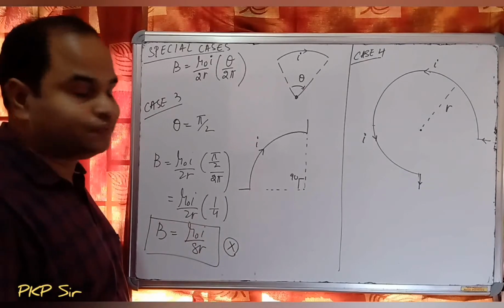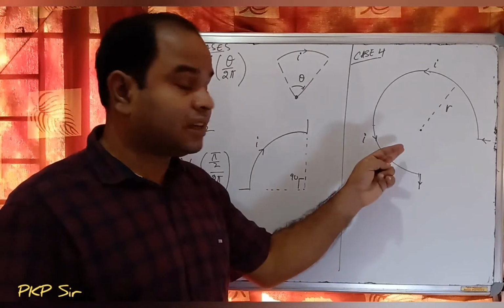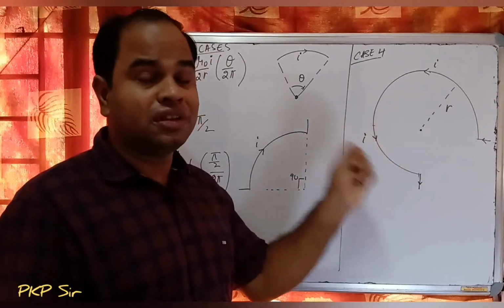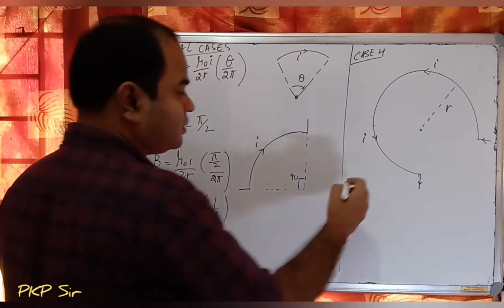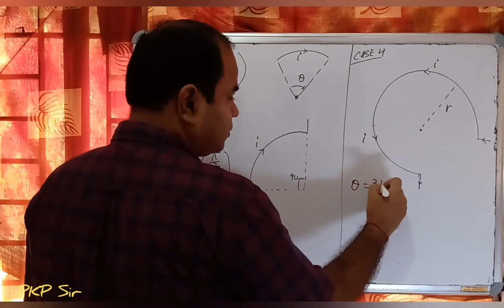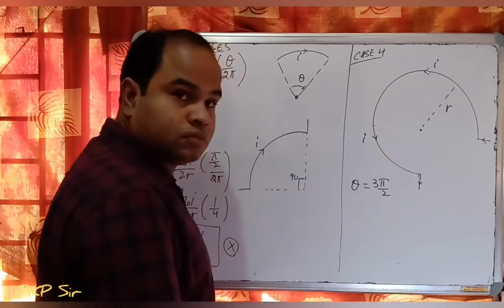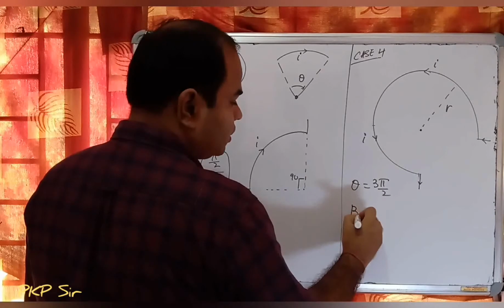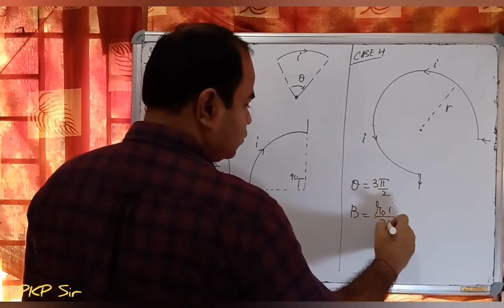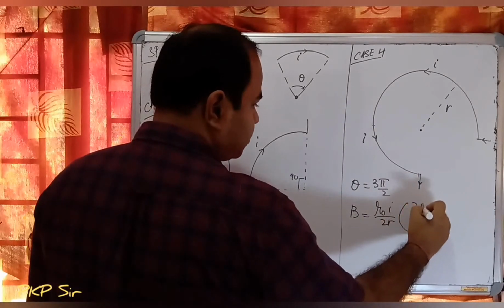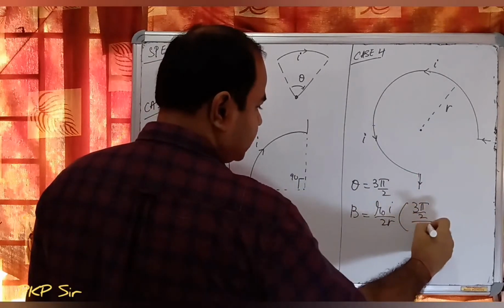Case 4. If the arc is in the form of 3 quadrants of a circle, in that case theta is equal to 3 pi by 2. Okay? So with theta 3 pi by 2, the magnetic field will be mu naught I by 2r times 3 pi by 2 divided by 2 pi.